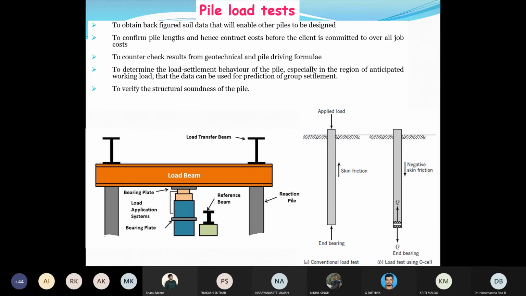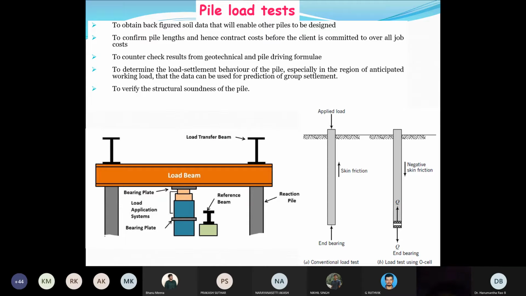Here, structural soundness means, suppose this is a pile which you are constructing below the ground. If it is a driven pile, then to some extent the control is in our hand, because the pile is cast on the ground, and with the help of heavy cranes or rammers we drive the pile into the soil. But what if you are dealing with a bored cast in situ pile, where a boring is made first, then from the bottom of the borehole you cast the pile?